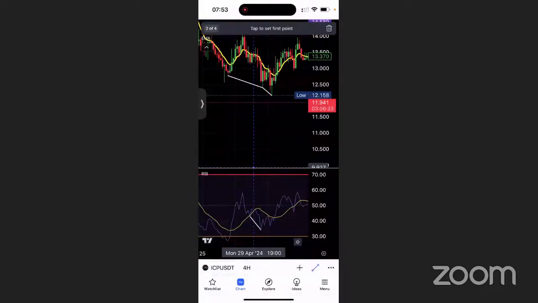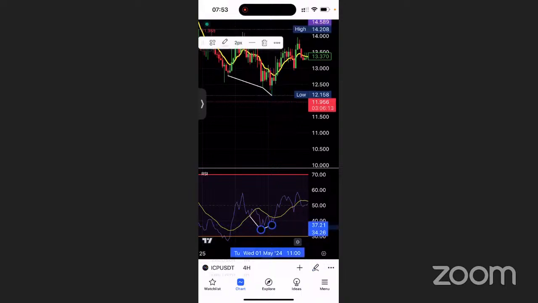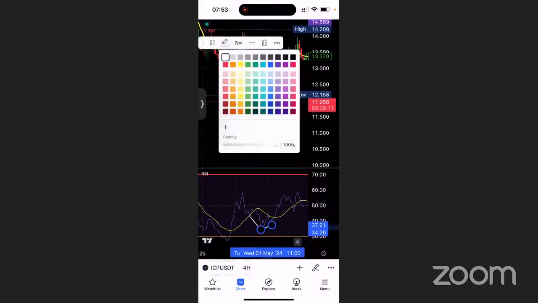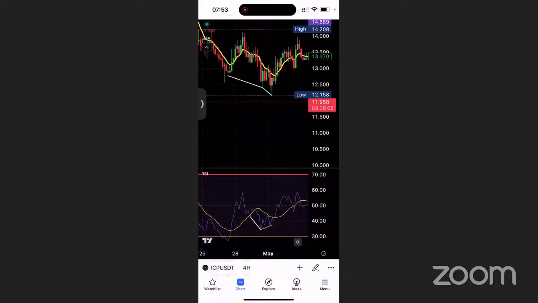Then I connect this to this down here. I found a divergence, but I need now to give it a different color. I'll use orange. Now I found a divergence.